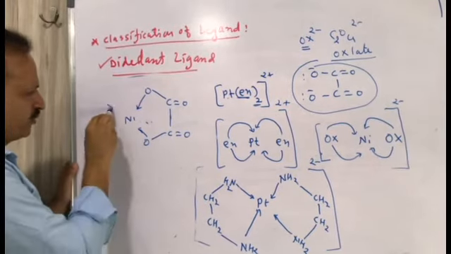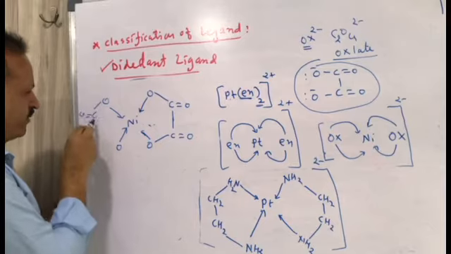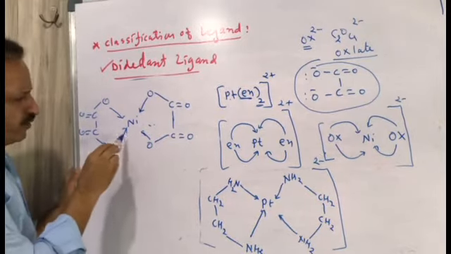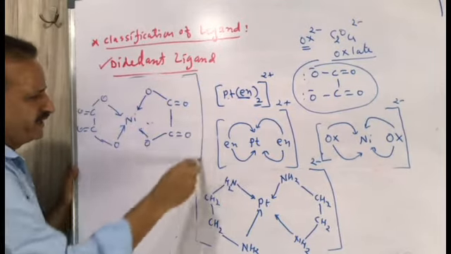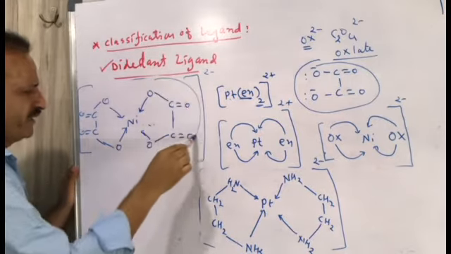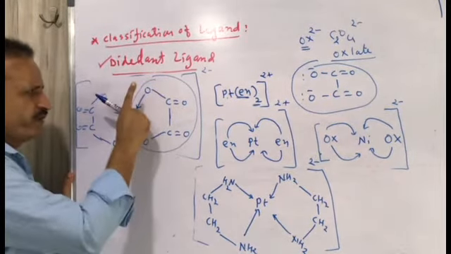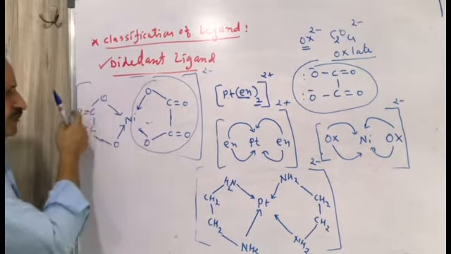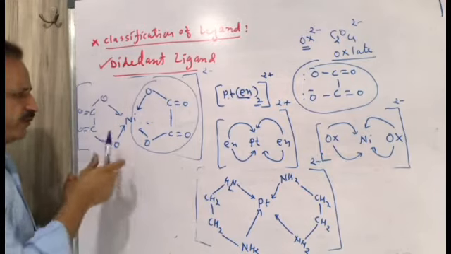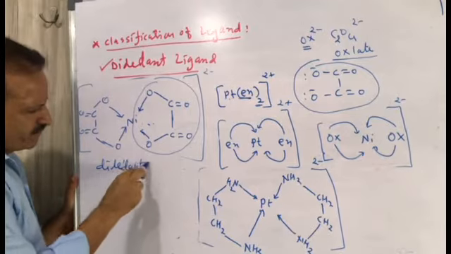Ready? So oxygen, here is oxygen, carbon double bond oxygen, carbon double bond oxygen, here is a covalent bond. So this is one oxalate ion, here is 2 minus. The 2 oxygens of the oxalate ion will donate 2 electron pairs. So it is a bidentate ligand.